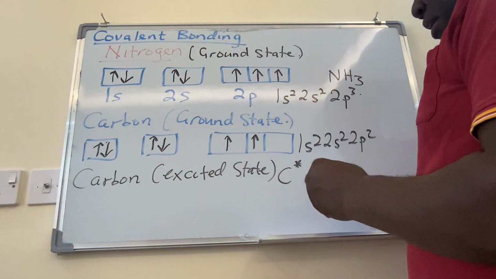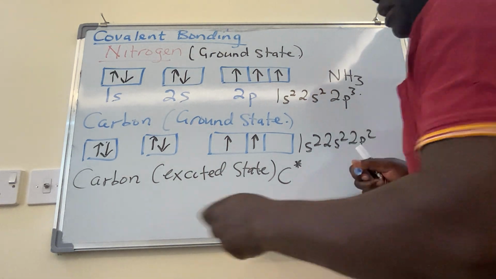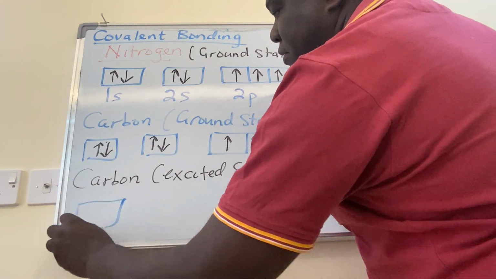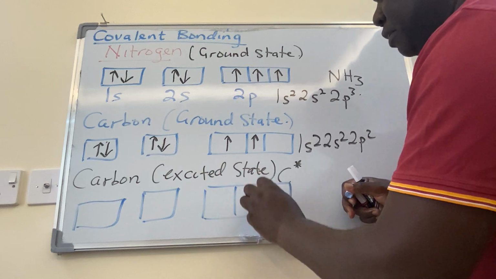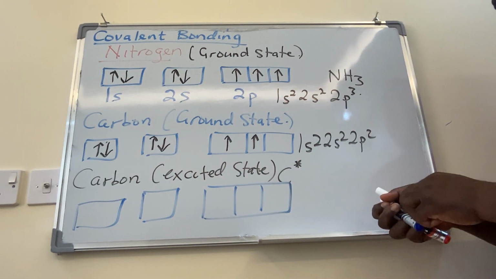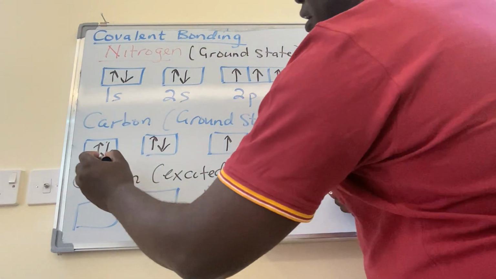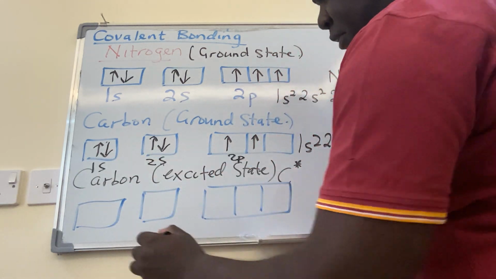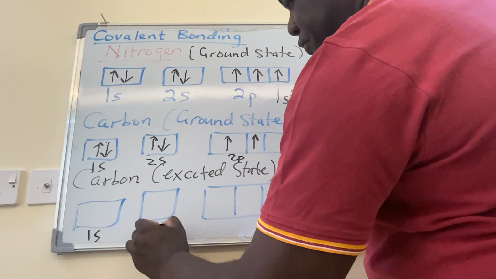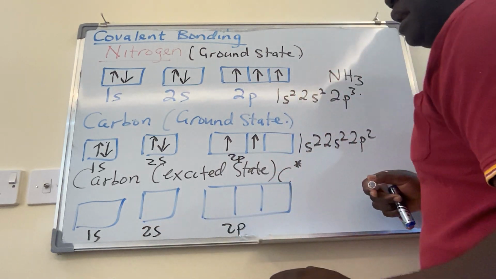As carbon forms bonds, something happens. Again, we have our 1s here, this is 2s, and this is 2p.